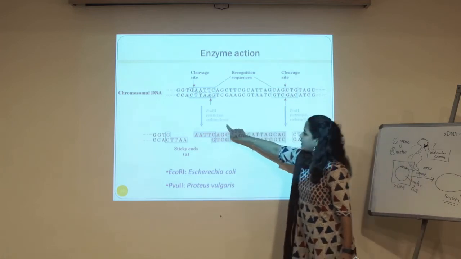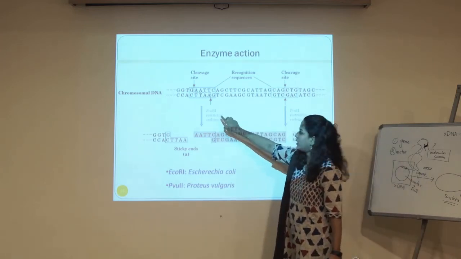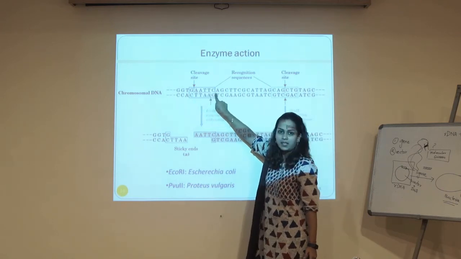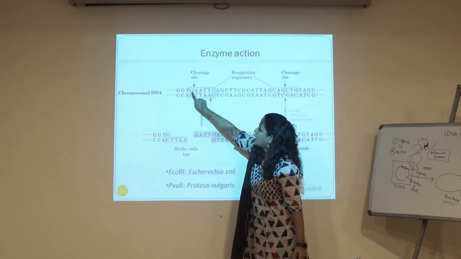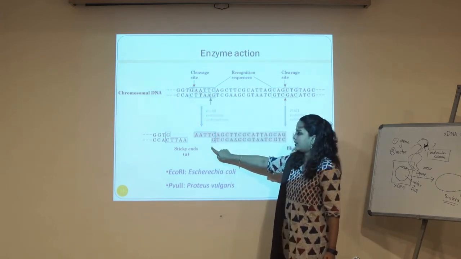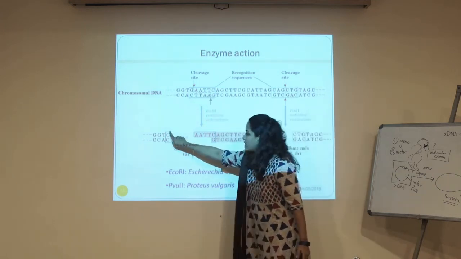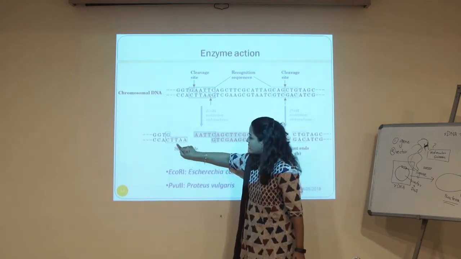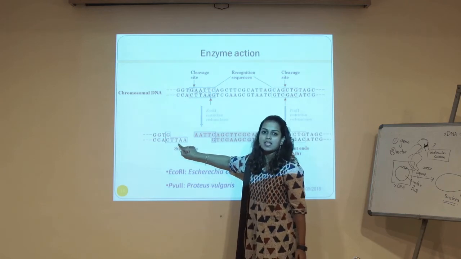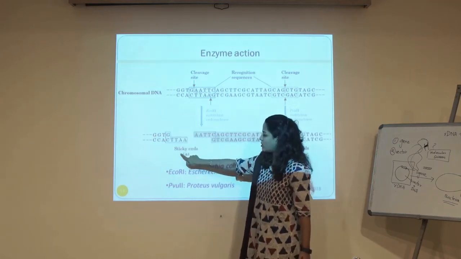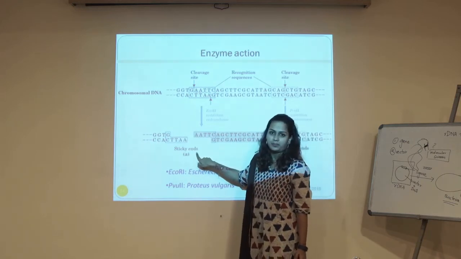You can see that when the restriction endonuclease comes across this sequence GAATTC, it will cut between G and A. Okay, and you will get something like this. So you can see that your restriction endonuclease has cut like this. So this is called a sticky end. You have something to stick to this end. So that is why it is called your sticky end.